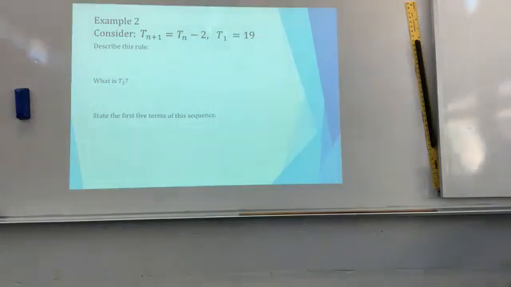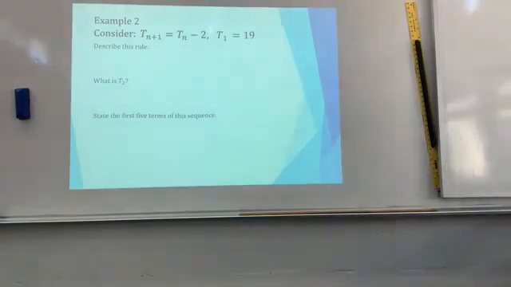So when you describe rules, you can say starting with 19, the subsequent terms is the previous term, take away 2. All right? If you're asked to describe, that's how you would do it. Always state what the starting term is, which is 19 in this case, and then the common difference. The subsequent terms is the previous term, take away 2. So what is T2?